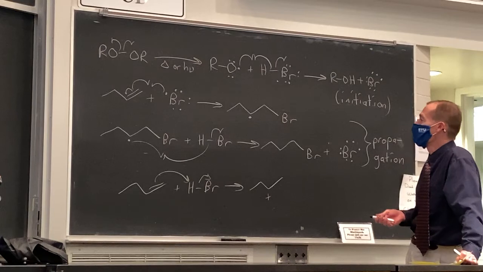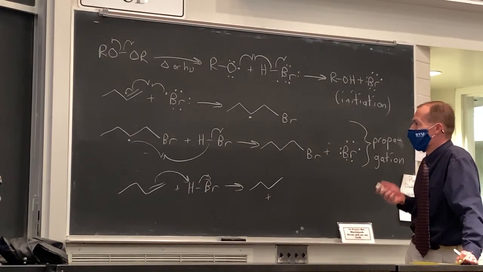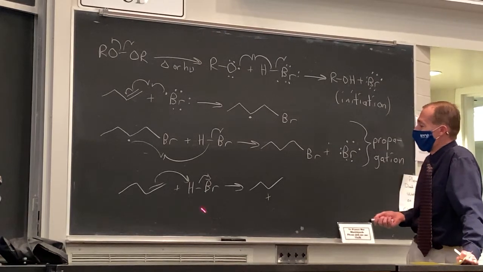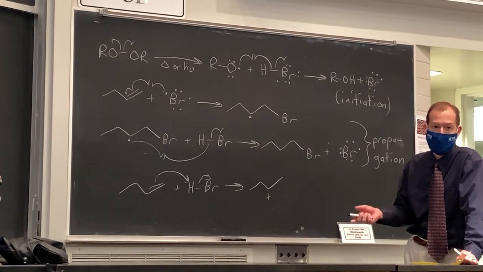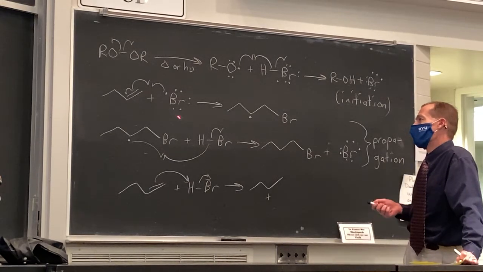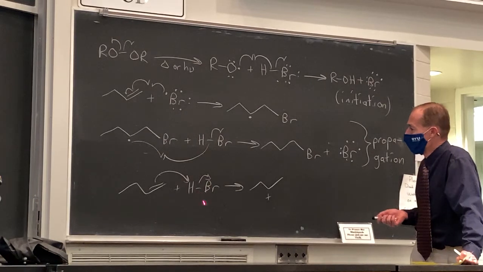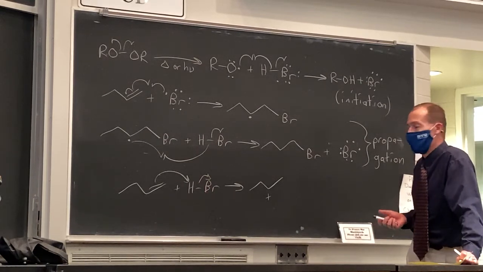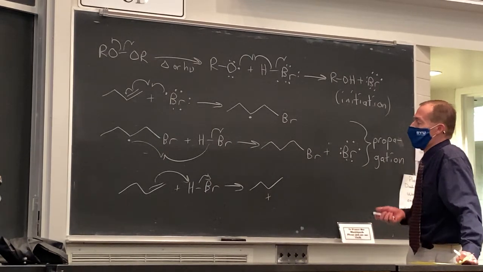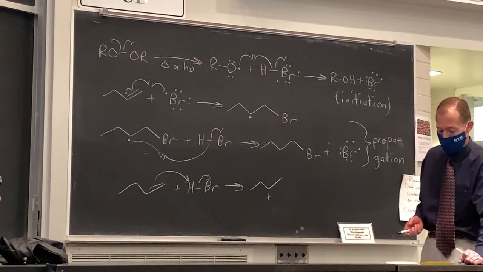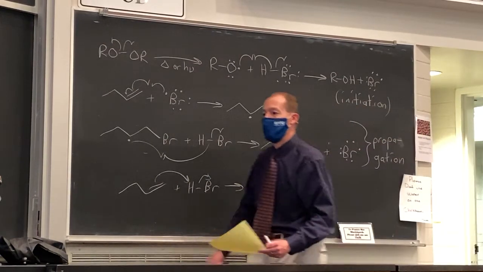The difference is that in the radical reaction, we're adding a bromine atom to carbon 1, whereas in the non-radical reaction, we are adding a proton to carbon 1. Okay, so we add the bromine first, followed by the hydrogen atom in the radical process. We add a proton first, followed by bromide in the non-radical process. So that is why we obtain the less substituted bromide from the radical process and the more substituted bromide from the non-radical process.